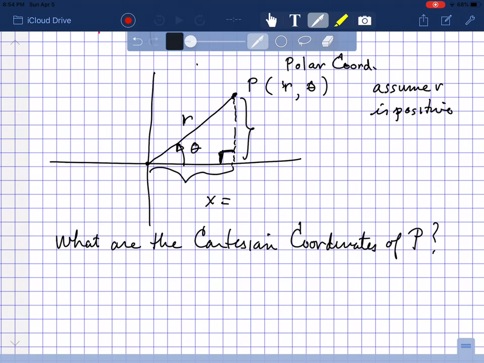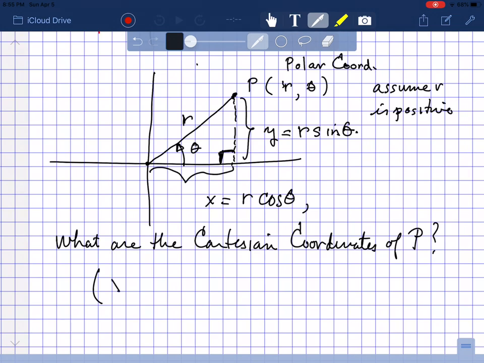So this is a right triangle, and since we're dealing with a right triangle, we know that x, the length of this side adjacent to the angle theta, is equal to r, the length of the hypotenuse, times the cosine of theta. And y is equal to r times the sine of theta.